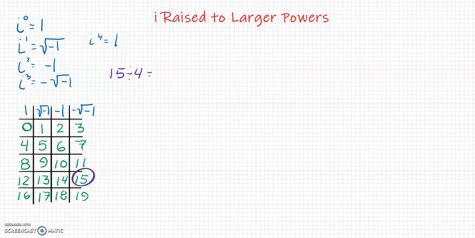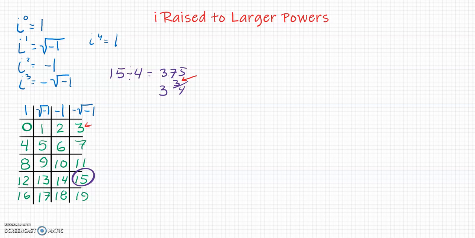3.75 is the same thing as 3 and 3/4. So this 3 here lets us know it should be the same answer as right here. That's what these will correspond to.